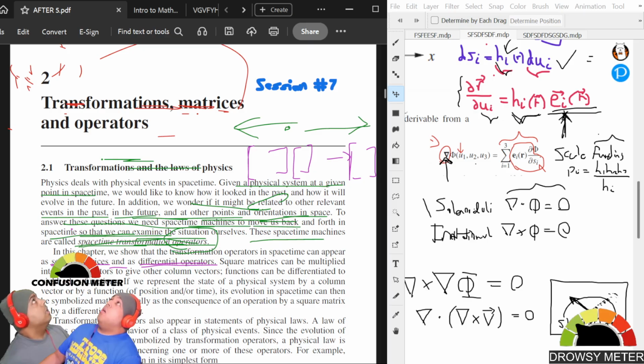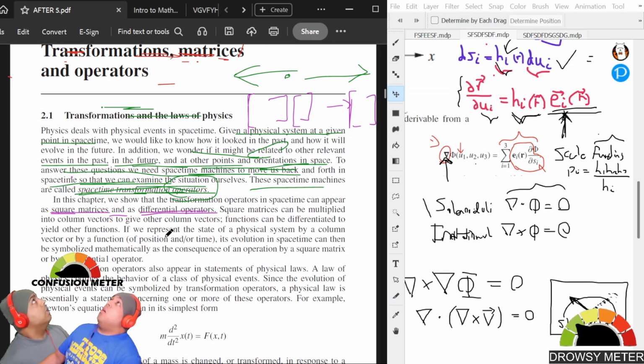If we represent the state of a physical system by a column vector or by a function of position and time, its evolution in spacetime can then be symbolized mathematically as a consequence of an operation by a square matrix or by a differential operator on the column vector or function.